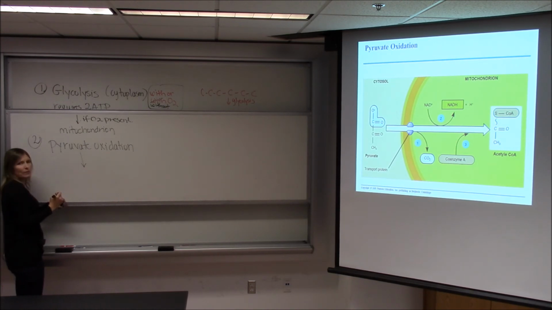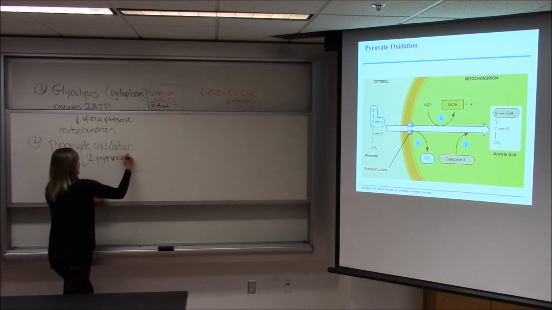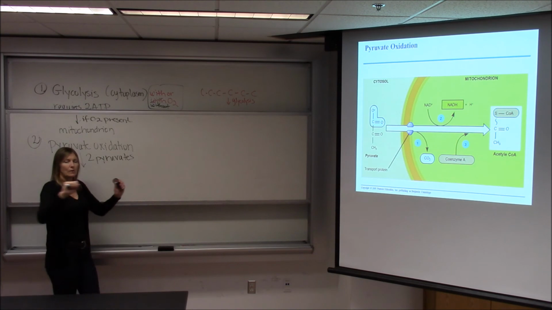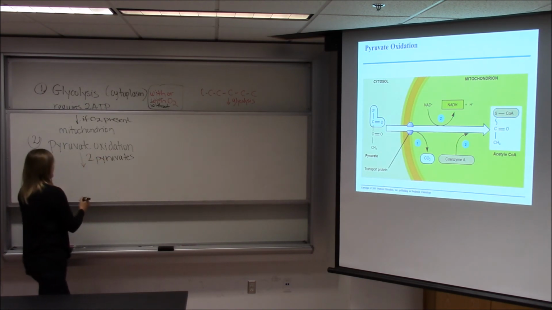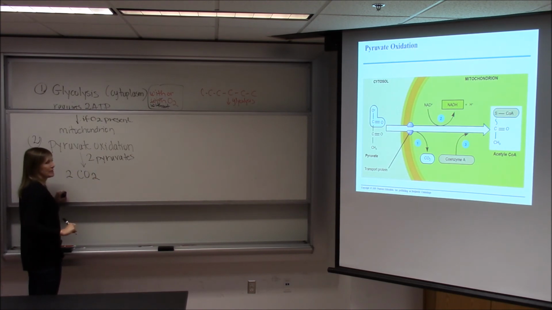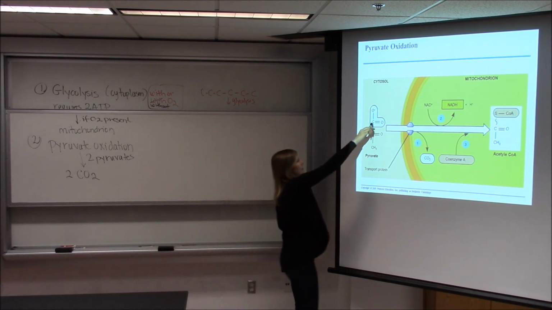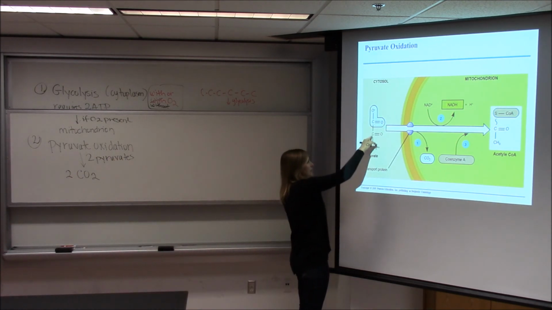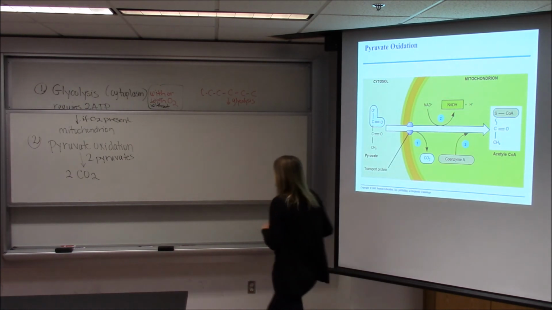But we have two pyruvates. Remember, we took that 6-carbon molecule and split it into two 3-carbon pyruvates. So those two pyruvates are going to generate the first two of our carbon dioxides. And you can see what's happening is we're shaving off this carbon and these two oxygens. So we're ending up now with a 2-carbon molecule called acetyl-CoA.